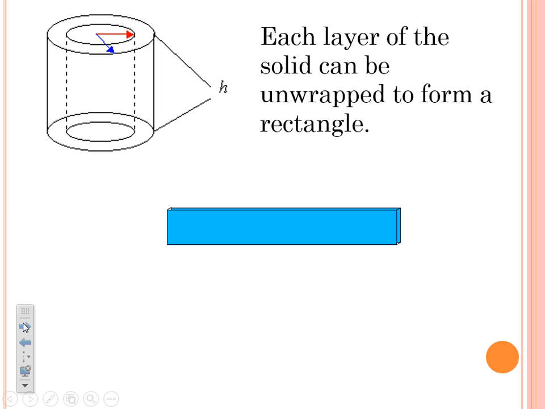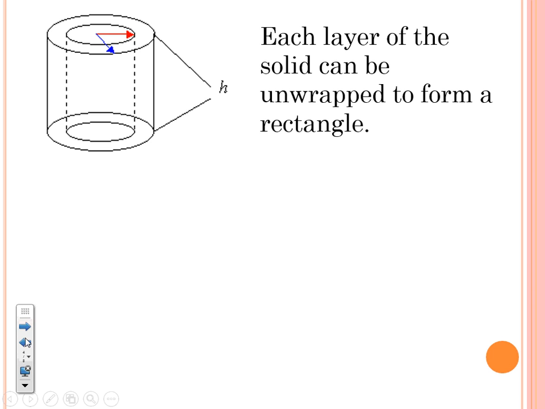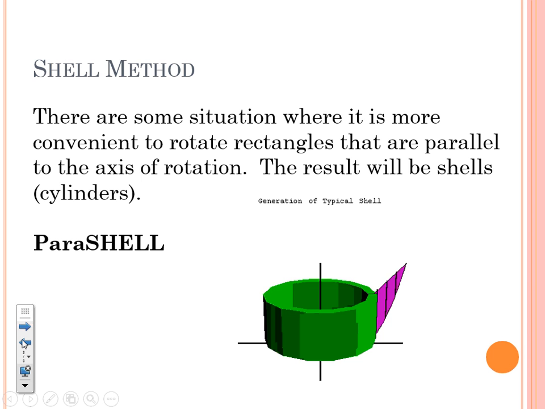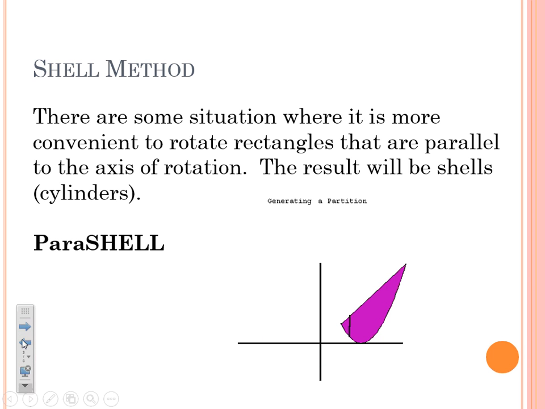So if you think of this, we have this shell that's basically a cylinder with a big hole, where our shell is really, really thin, because we cut all of our rectangles. Our rectangles are really, really thin that we're twisting around.